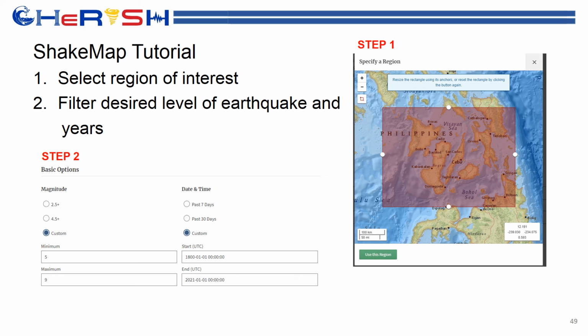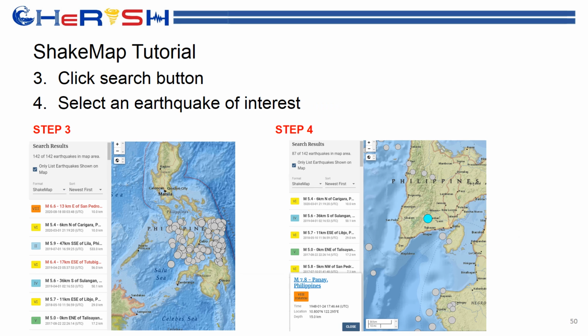Then step 2, you filter the magnitude of earthquake that you want to know, as well as the year, let's say 1800 to 2021, although in the Philippines the record of earthquakes really started around 1920, so it's difficult to get earthquake records below 1920. Then you click the search button, and this is what it will show you.